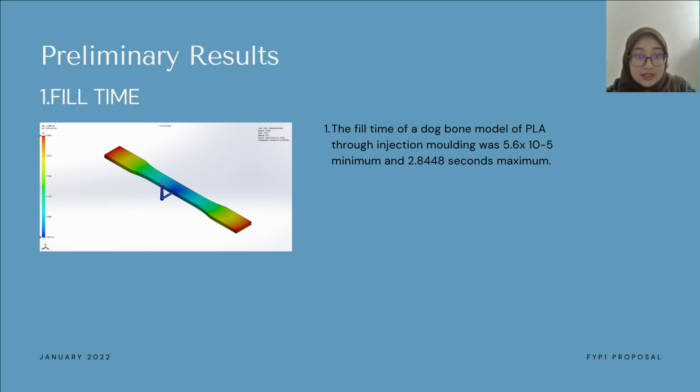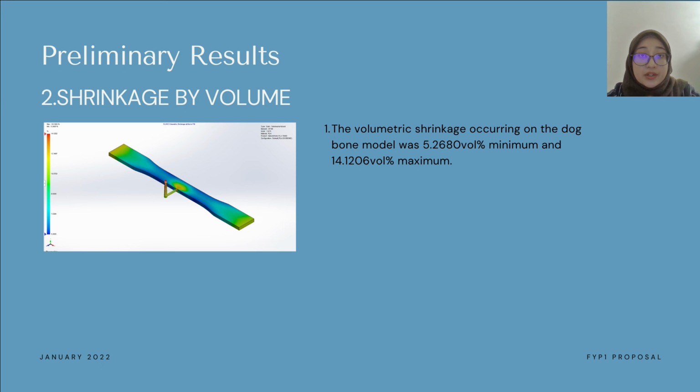So for the first test run, the fill time for this dog bone model was 5.610 × 10^-5 seconds minimum and 2.8448 seconds maximum, which is still pretty similar to the expected result from the previous studies.